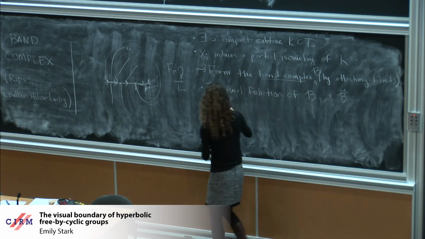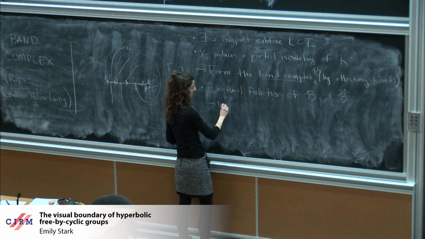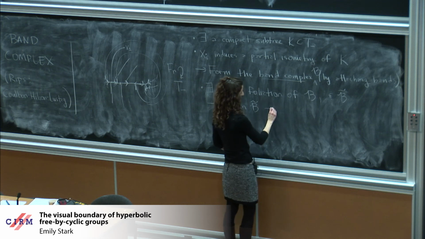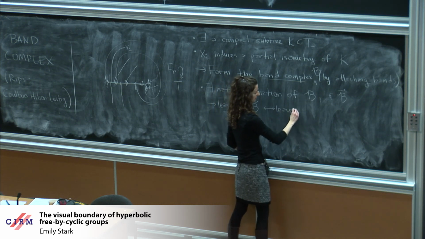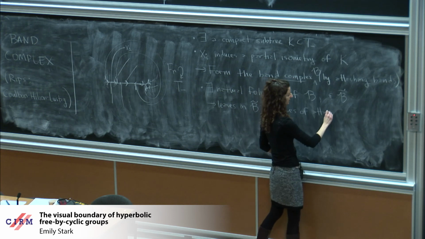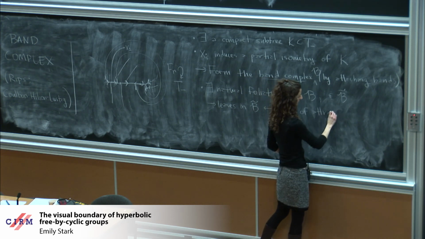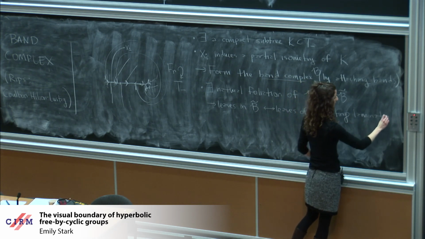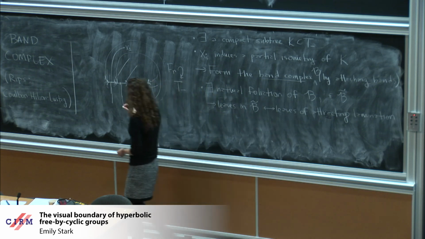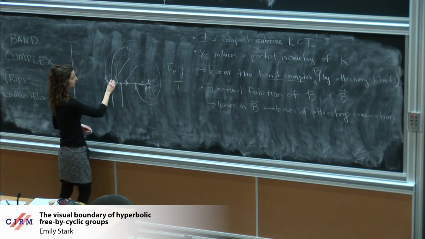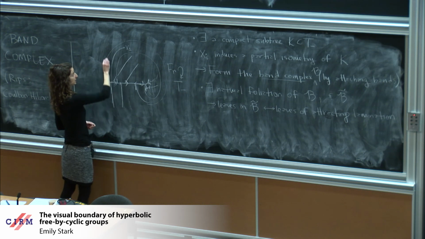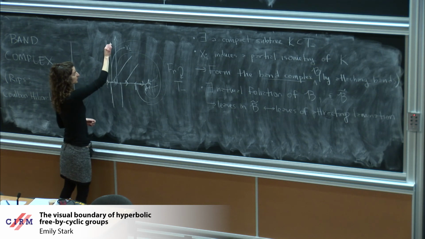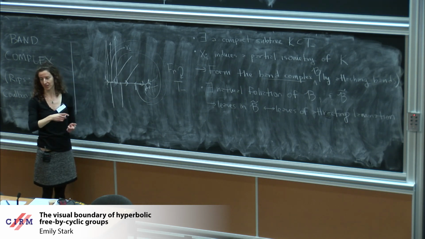And in the universal cover, leaves correspond to leaves of the attracting lamination. So for each leaf in the universal cover of the band complex, each leaf corresponds to some leaf in the attracting lamination.